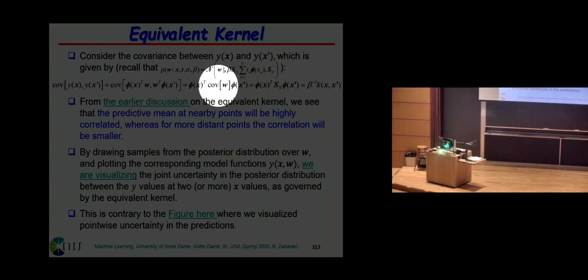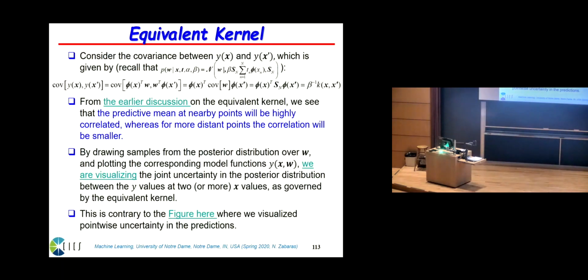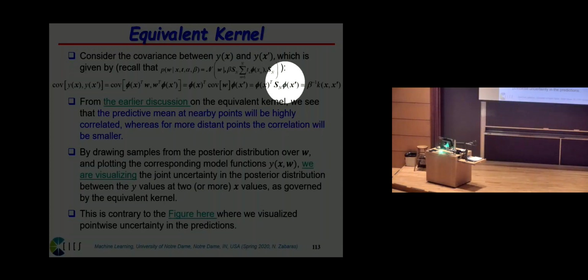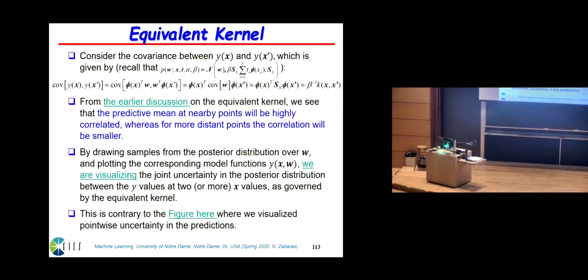In the middle, you put the covariance of w. And the covariance of w, we're going to use the posterior covariance of w, which is Sn. And somehow, if I go back, since you forgot, this phi transpose Sn phi of x prime, by definition, is beta minus 1 times the kernel k of x x prime.